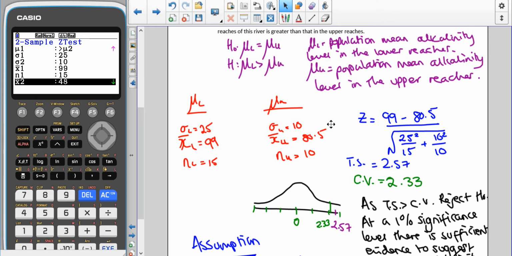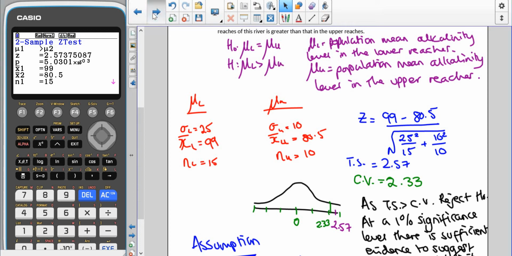And the mean of the second group is 80.5, and the number of pieces of data in the second group is 10. And as you can see here, we've got 2.57, and here our test statistic was 2.57.